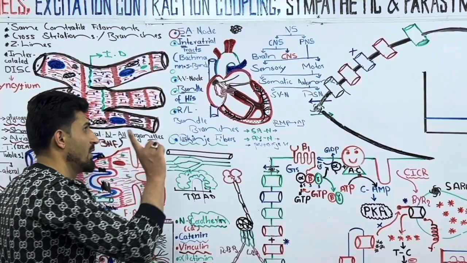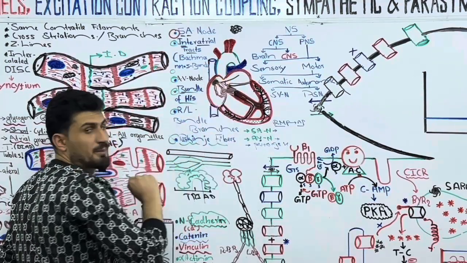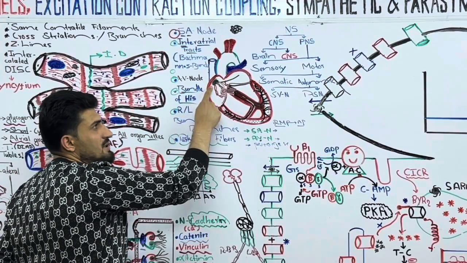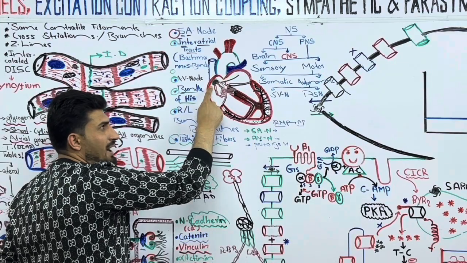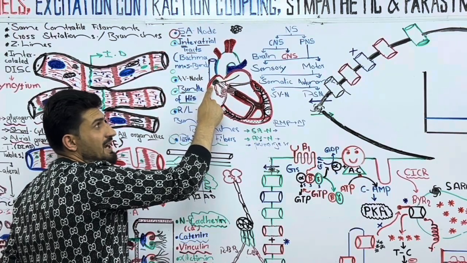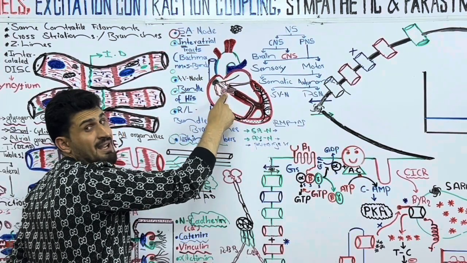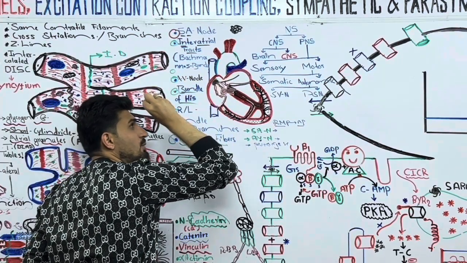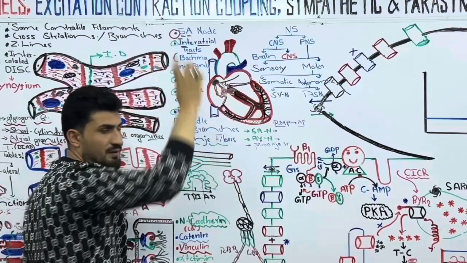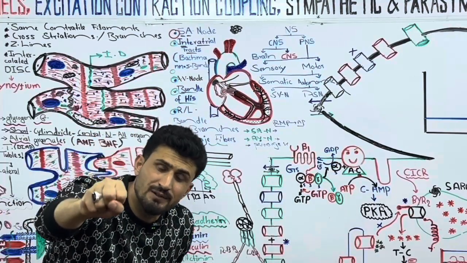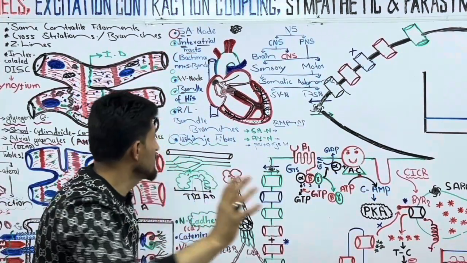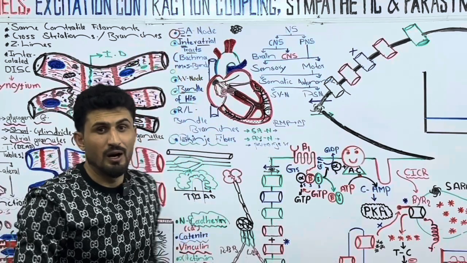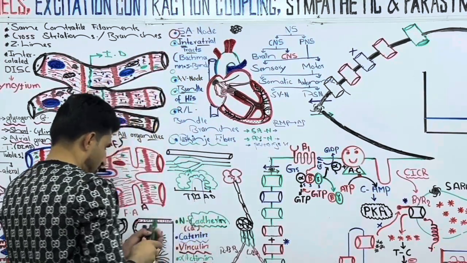But don't worry. During normal situation, the SA node goes through depolarization and repolarization faster than the AV node. When it produces depolarization and repolarization, it causes contraction of the heart. It means contraction of the heart during normal situation is under the control of the SA node.